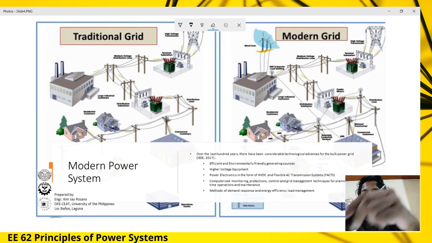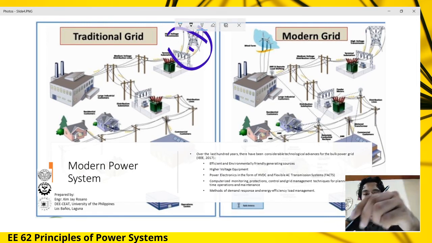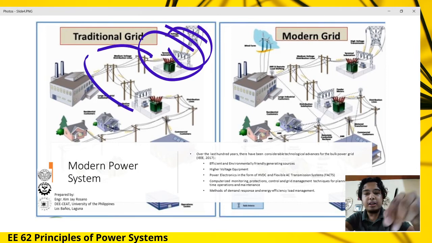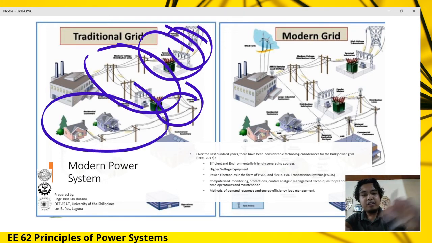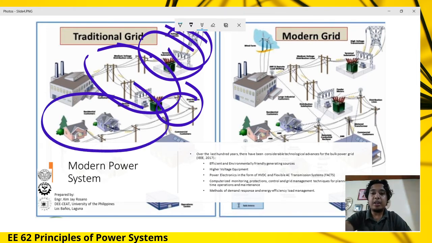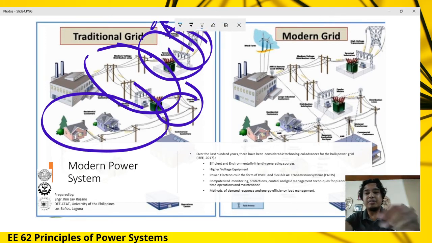You have the transmission here, and then it goes to a substation para pumasok sa ating distribution. And then this distribution system, it just distributes it to the end users. I think parang somewhere here nandun yung ating generation.